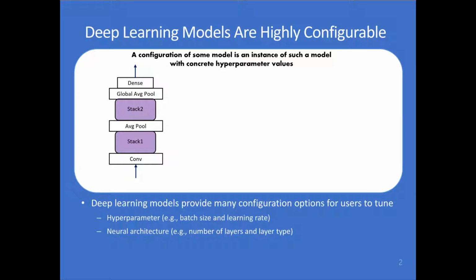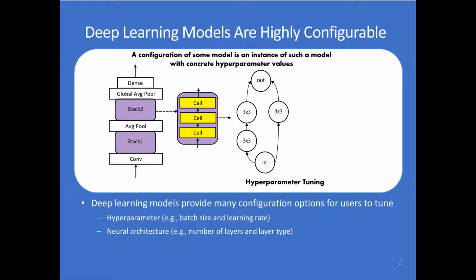Deep learning models provide many configuration options for users to tune, such as hyperparameters and neural architecture. This model has several operators such as convolution and average pooling. Each stack represents a feed-forward structure called a cell.